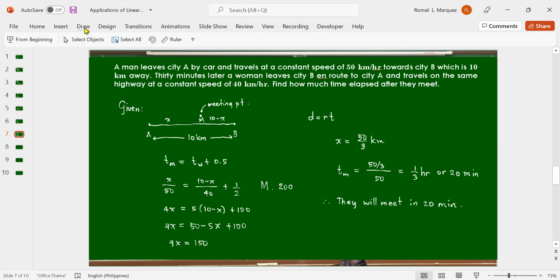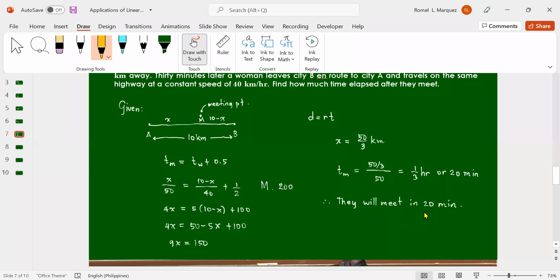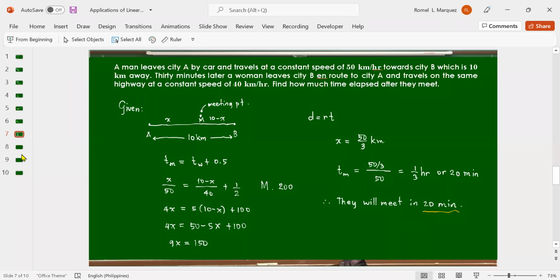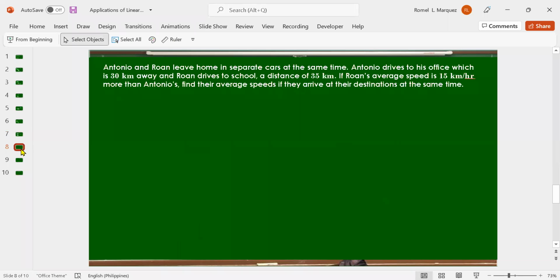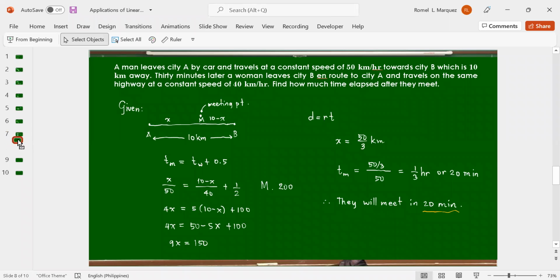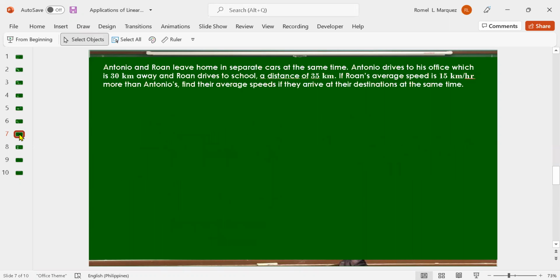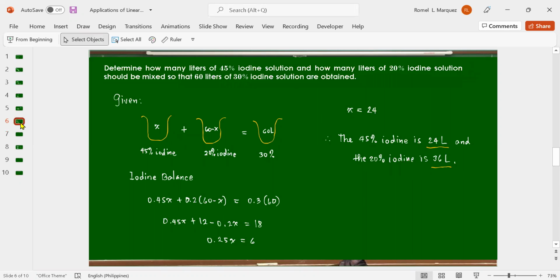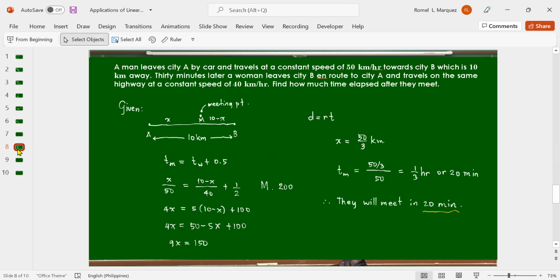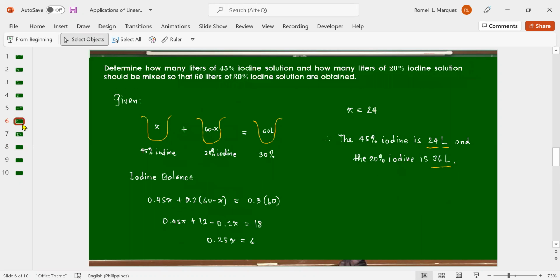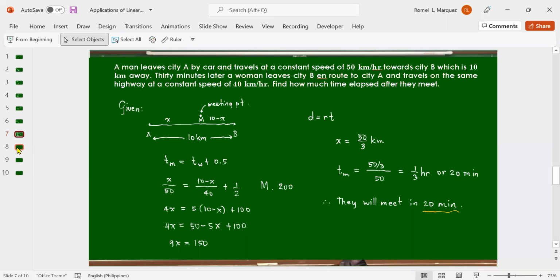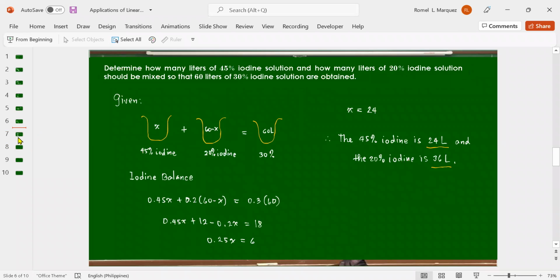Is that clear, guys? By the way, there is another way to solve this, if you want the time to come out. Let's say you want time. I will copy the same problem.